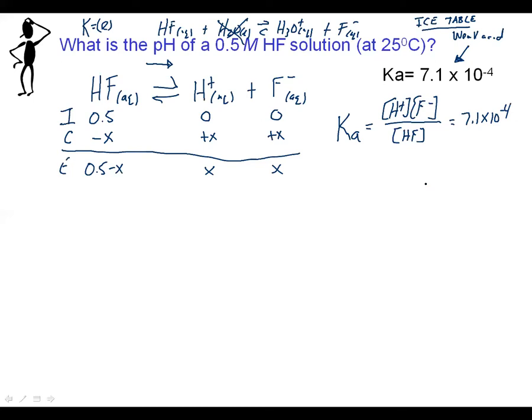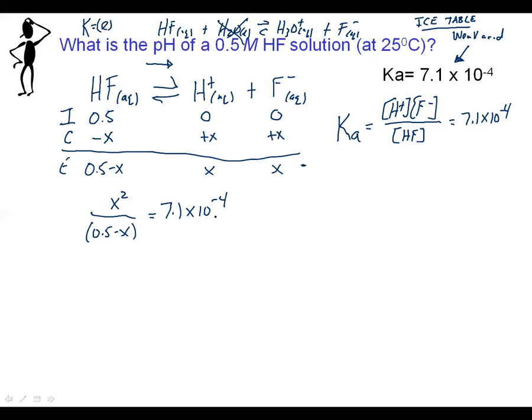So just like a normal equilibrium problem, we're going to take our equilibrium line and put it into our expression. If you do, you essentially will get x squared on top divided by 0.5 minus x equals 7.1 times 10 to the minus 4.